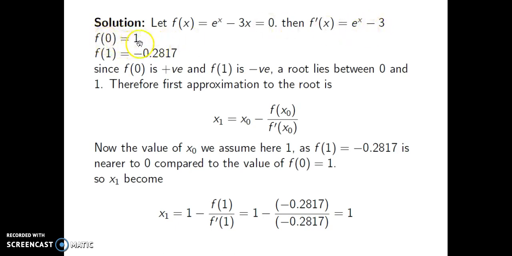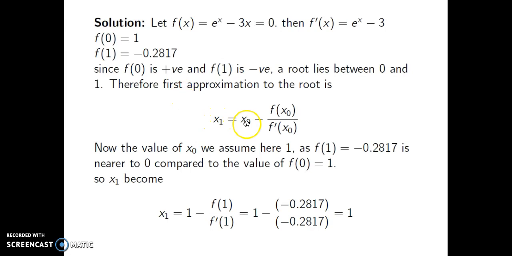So f of 0 is 1, f of 1 is minus 0.2817. The first value is positive, the second negative, so we have opposite signs and hence the root lies between 0 and 1.